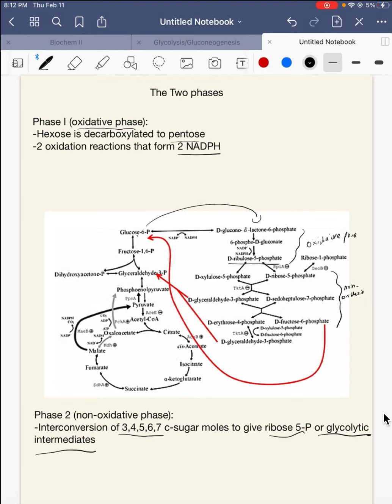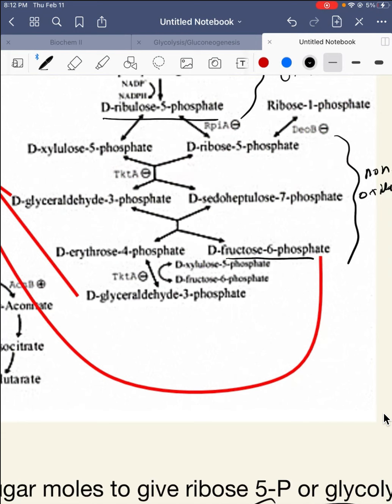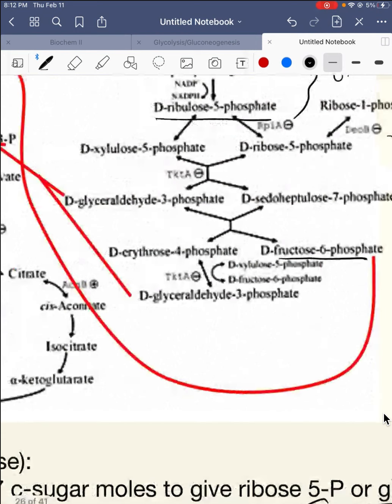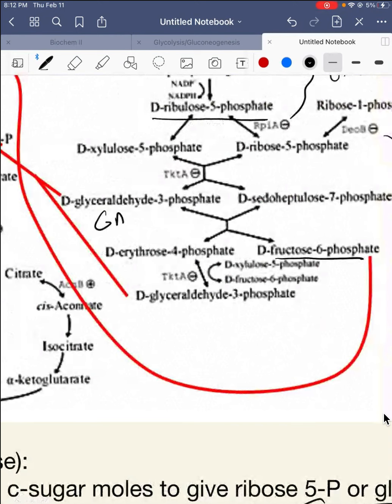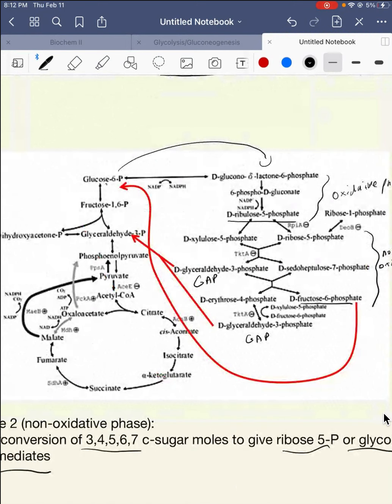Like I said, here we have fructose 6-phosphate, and here this would be GAP. This is GAP as well, and then both of these can enter glycolysis. So GAP can enter here, and fructose 6-phosphate can enter here.